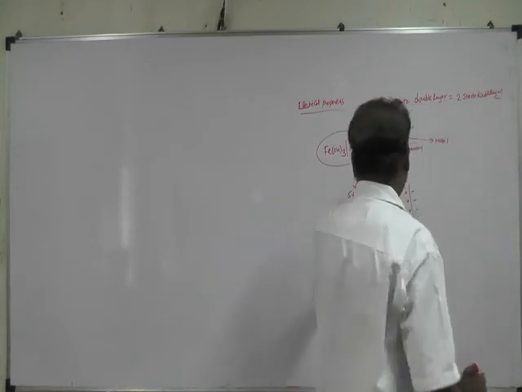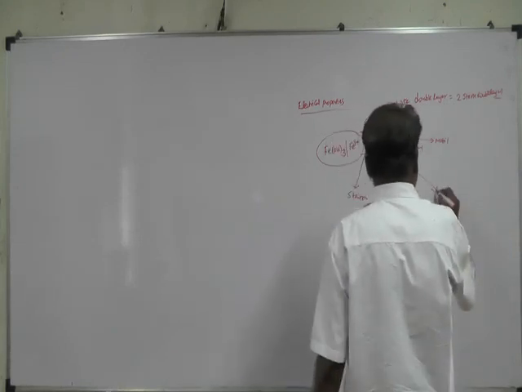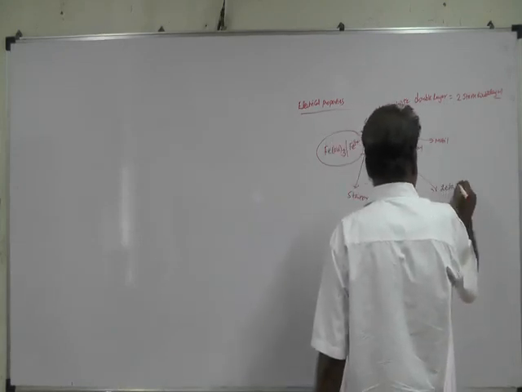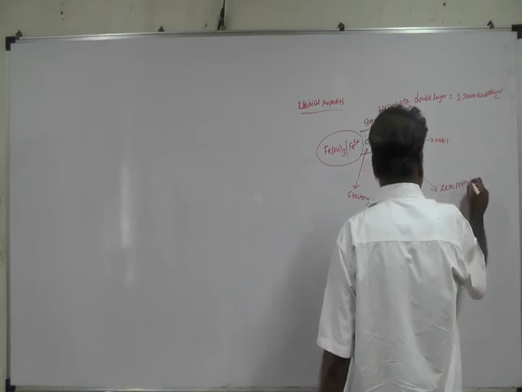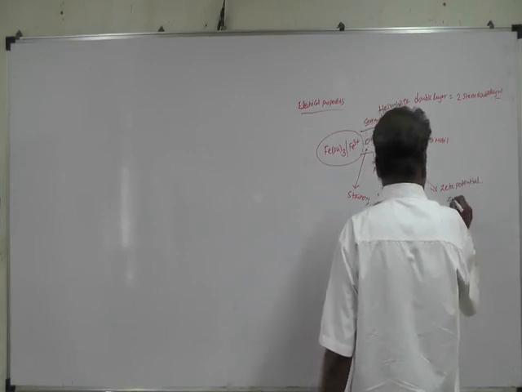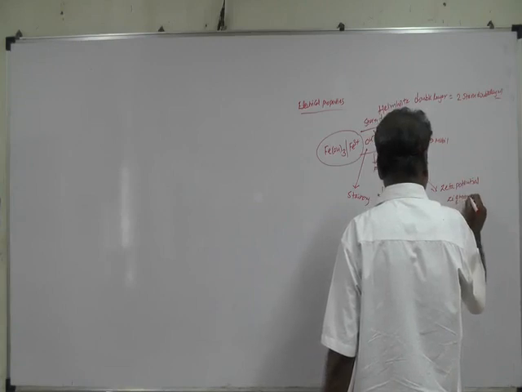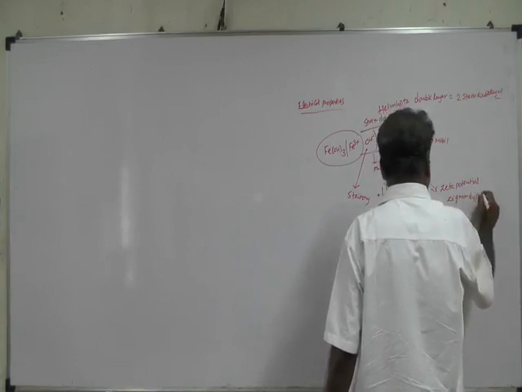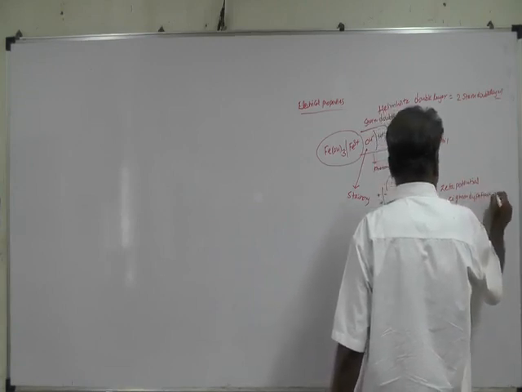And a potential is developed between these two, which is called zeta potential or electrokinetic potential. Good.